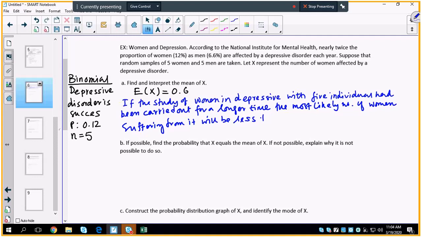So if you have a sample size of 5 women that you randomly pick and study for depressive disorder, there will be less than 1 woman suffering from depressive disorder.